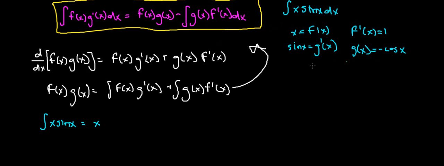And then g of x is minus cosine x. So this will end up being a plus when I distribute the minus out. Cosine, and then f prime of x is just 1.